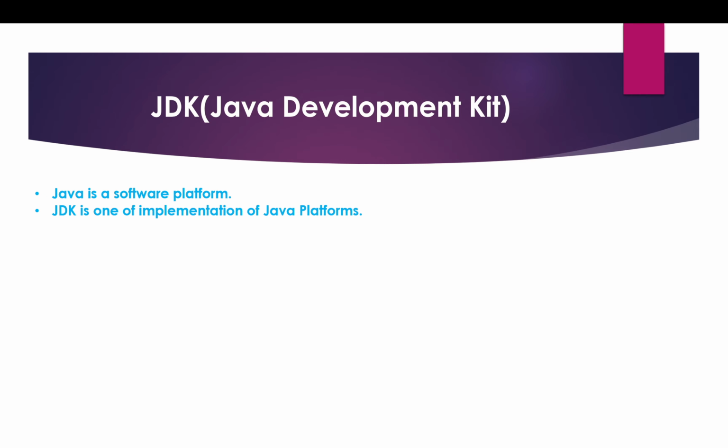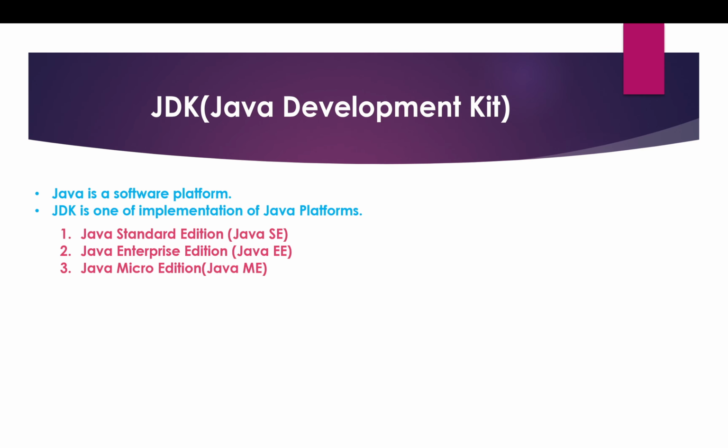And since in Java, that is JDK, we have JRE, which provides a runtime environment, Java is a software platform. Now, on the Java platform, we can develop web-level, that is enterprise, applications, mobile applications, or normal applications. So there are three specifications of the Java platform: Java Standard Edition, Java Enterprise Edition, and Java Micro Edition.